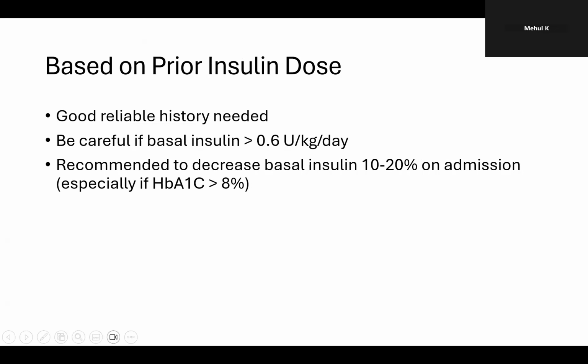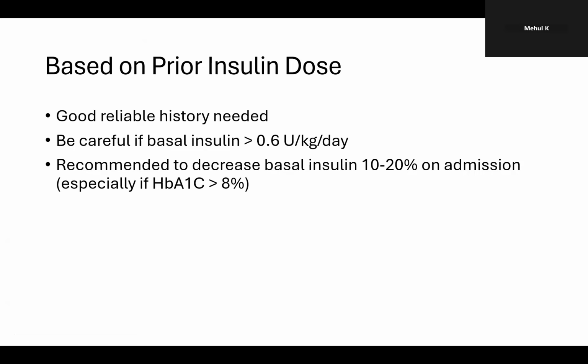So what about using a prior insulin dose? You need a good history. You have to be careful here if the patient is having a huge amount of basal insulin, more than 0.6 unit per kg per day. Why? Because if the patient is having a very, very large amount of basal insulin, that means the patient's basal insulin is inappropriately acting like a prandial insulin as well.